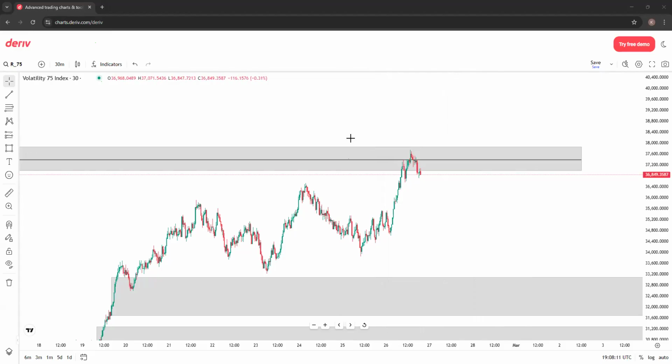Sometimes we can't really determine where to put TP, but what I'm now seeing here is that we can actually use our fair value gap as our TP. Can we safely say so? Yes, we can say that. We can safely say so. Thank you so much.